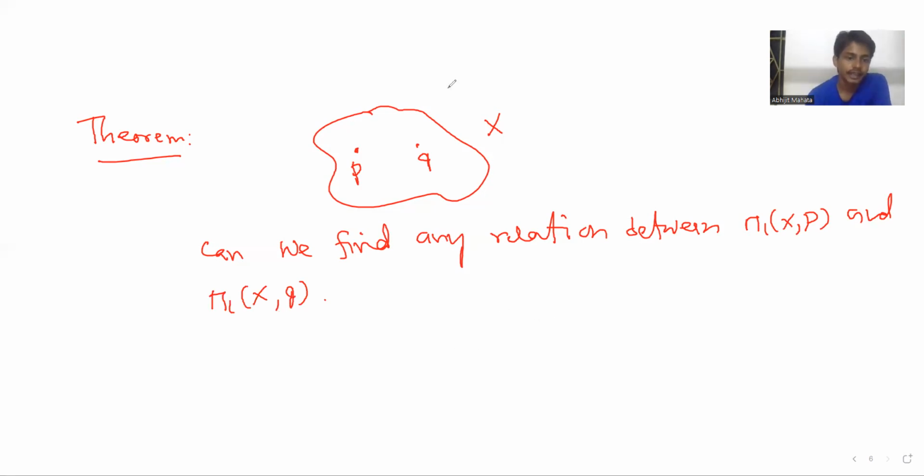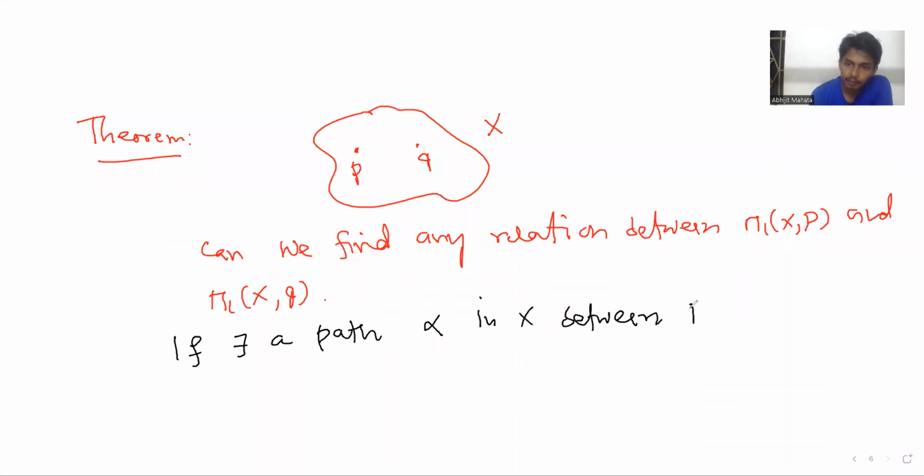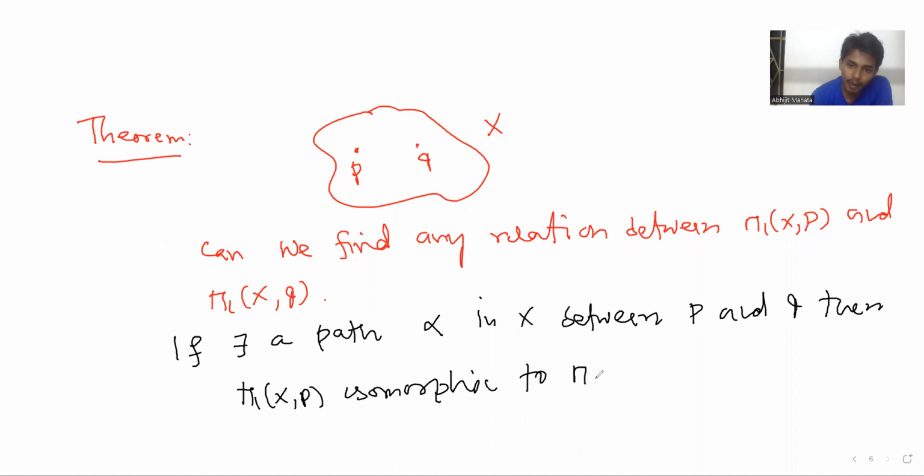I'm restricting here: if there exists a path, let's say alpha, in x between p and q, then pi 1 x comma p is isomorphic as a group to pi 1 x comma q. How is it defined?